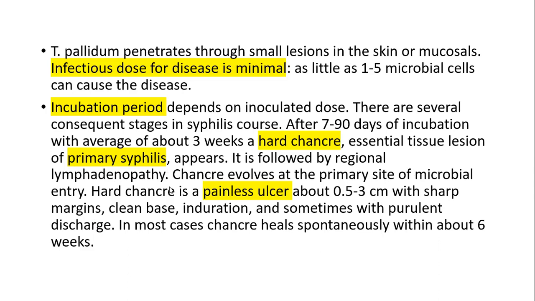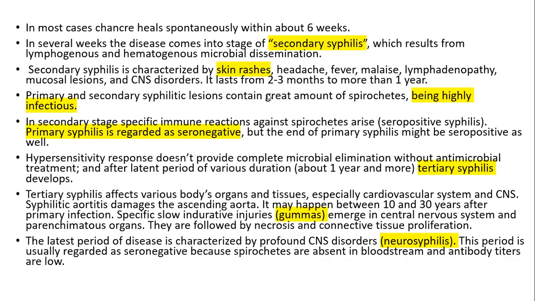The hard chancre is the result of necrosis and vasculitis at the route of infection. Treponema enter at the route of infection, cause necrosis and vasculitis, and that's why the hard chancre occurs.